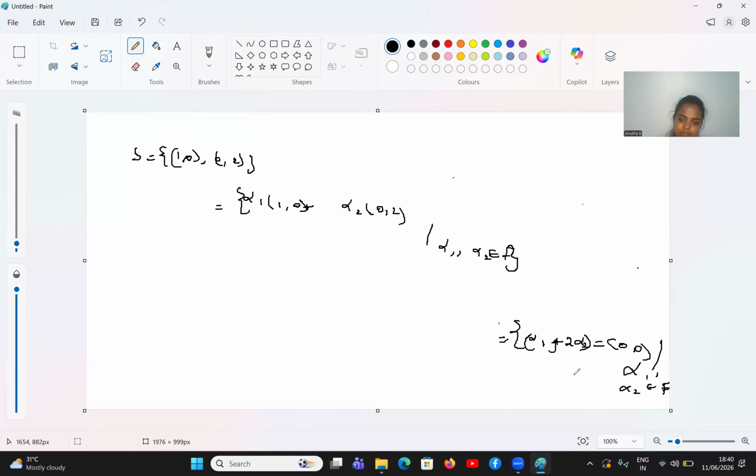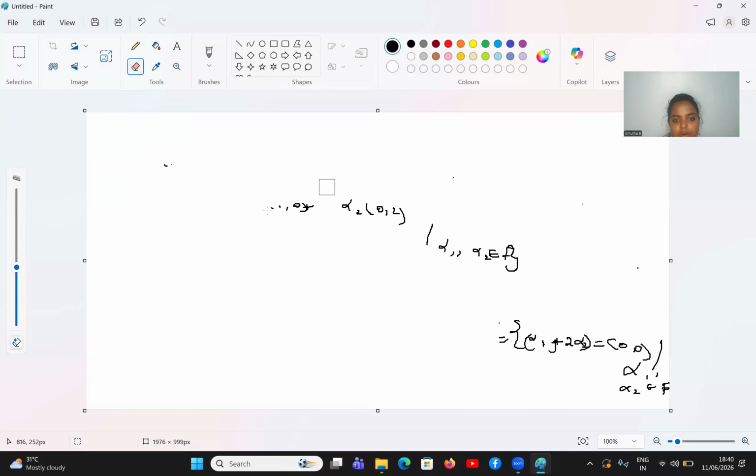Here alpha 1, alpha 2 belongs to a field. That field is nothing but the real numbers. So you just check whether the set forms the whole vector space R2 over R or not. That's my question.